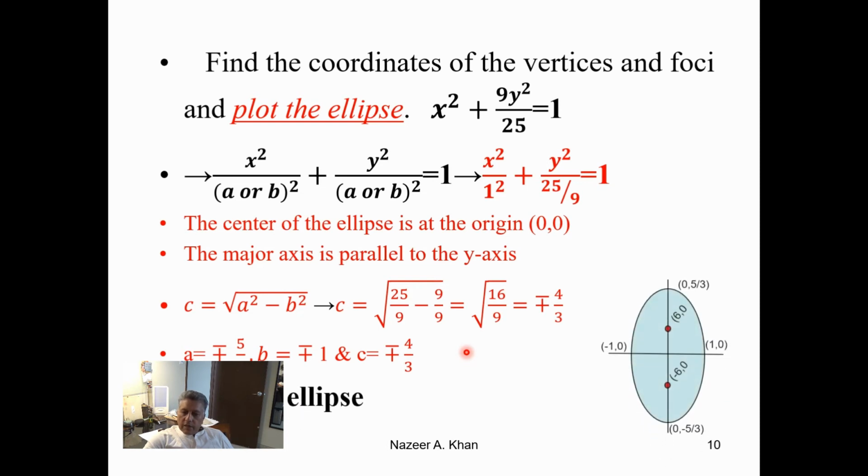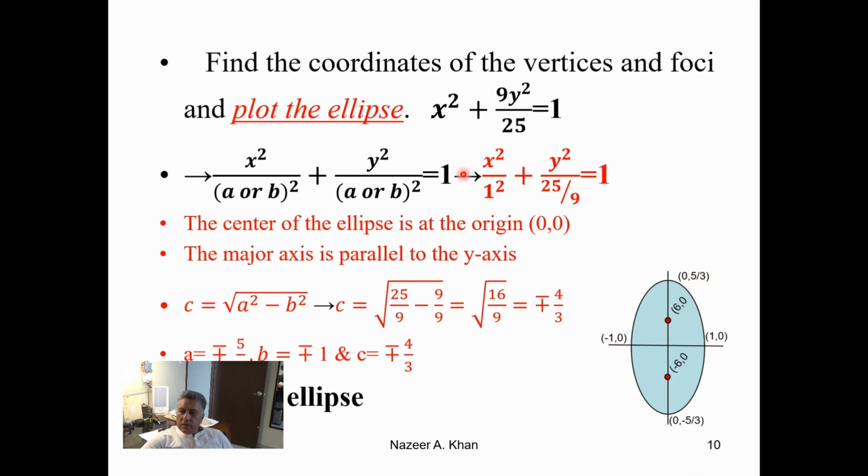And let's go and plot that up. We know that our a value right there is along the major axis. So it is plus 5/3 and minus 5/3. Alright, so it's the ordinate of this particular set.